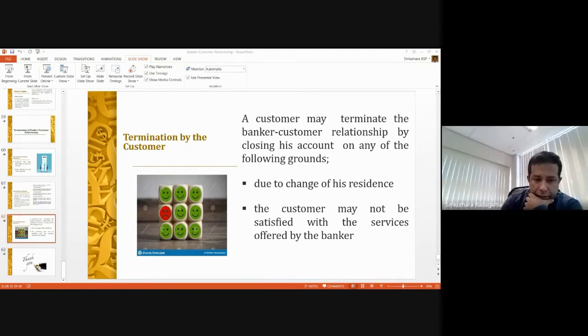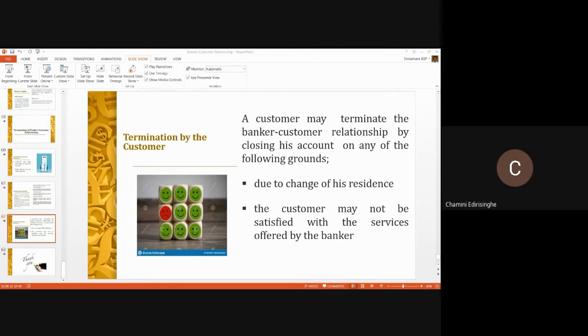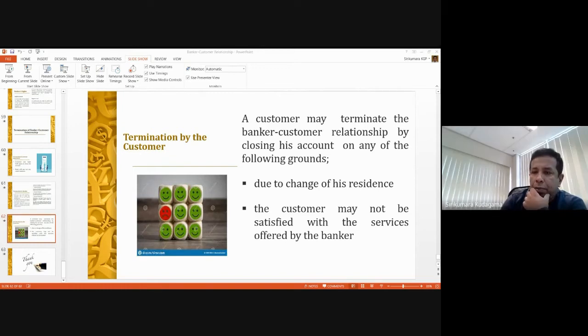Yeah. It's a very good question. You are Chamini, right? Yes, sir. Yeah, this has different facets. That's why I stressed that generally a bank would act very prudently in this area, and probably sometimes they would make good the loss caused to the customer and go ahead and keep the banks and regulator informed.